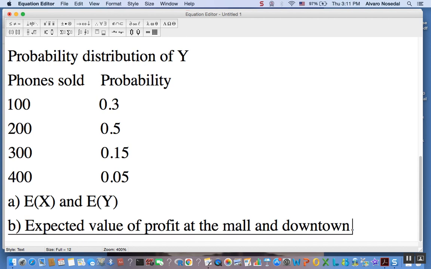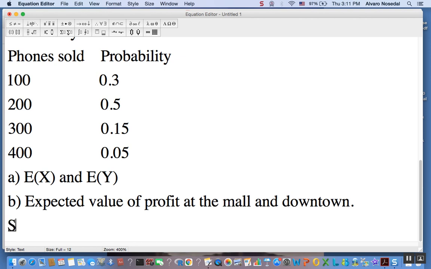So, solution. Let's try to answer those questions. First, let's find the expected value of x.